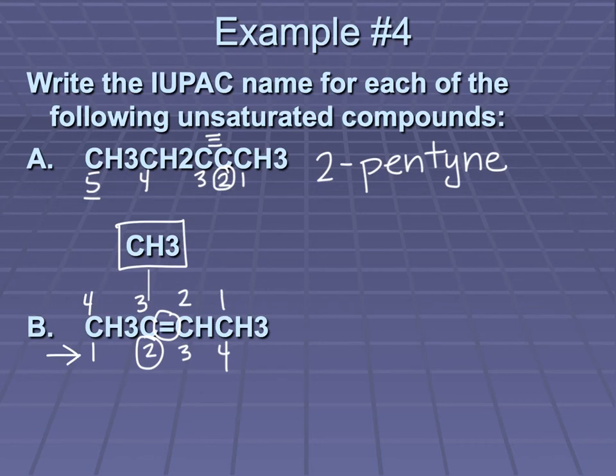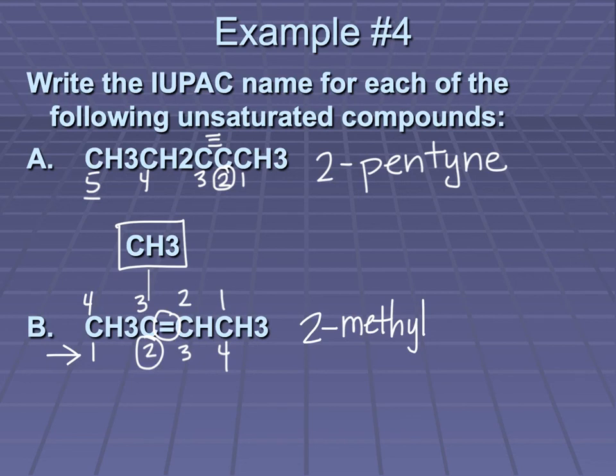So then we're going to name the branch first, which is coming off of carbon 2. So 2, and then the branch has only 1 carbon in it. So what's the prefix for 1 again? Meth. So this is methyl, so 2-methyl. Now we're going to name where the double bond is coming off of. So the double bond right here is coming off of carbon number 2.